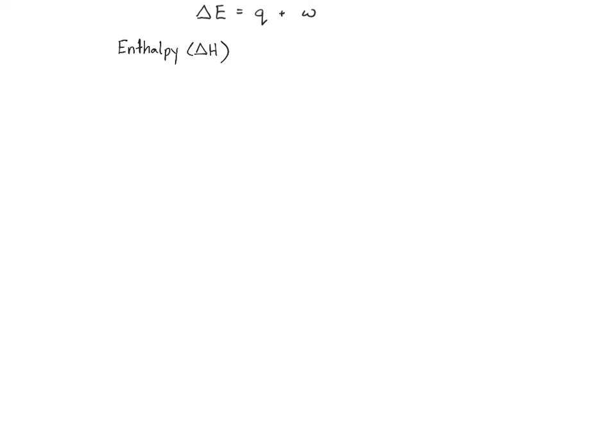So the enthalpy for a process is actually derived from the energy equation that I just showed you. First, I want you to consider two circumstances: either we have a system with constant volume, or a system with constant pressure.